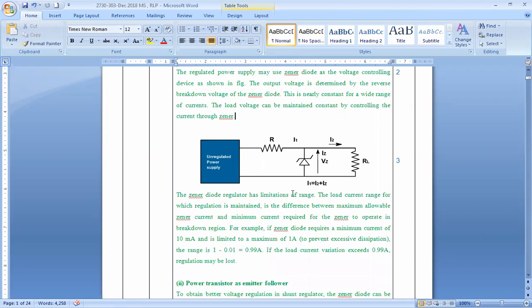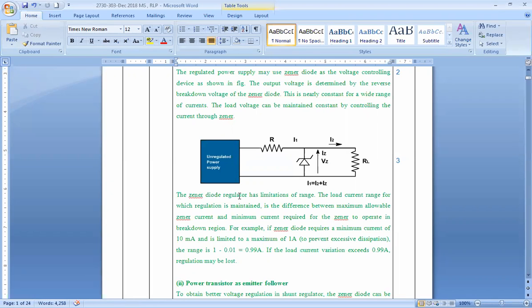This is one best advantage of having a Zener diode. So ultimately you can see the currents I1 and I2, and how they are related with IZ. IZ is nothing but your Zener current. So I1 is equal to I2 plus IZ, because this is the current that passes through here, right?